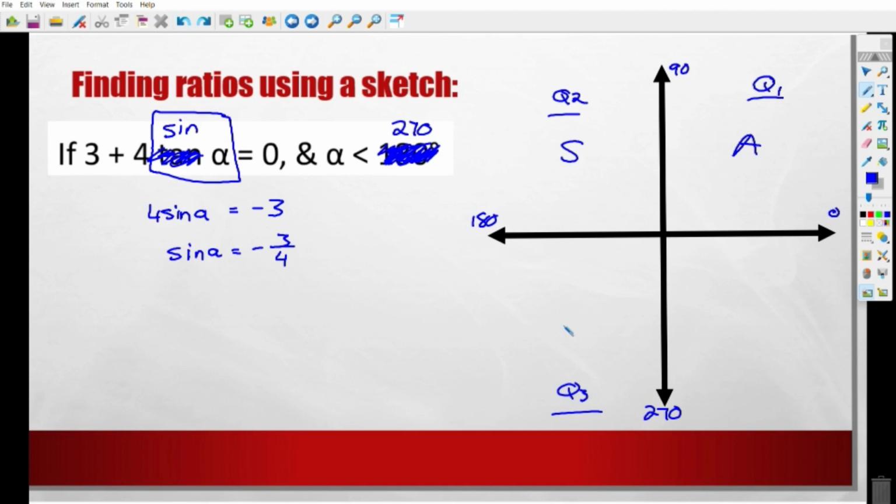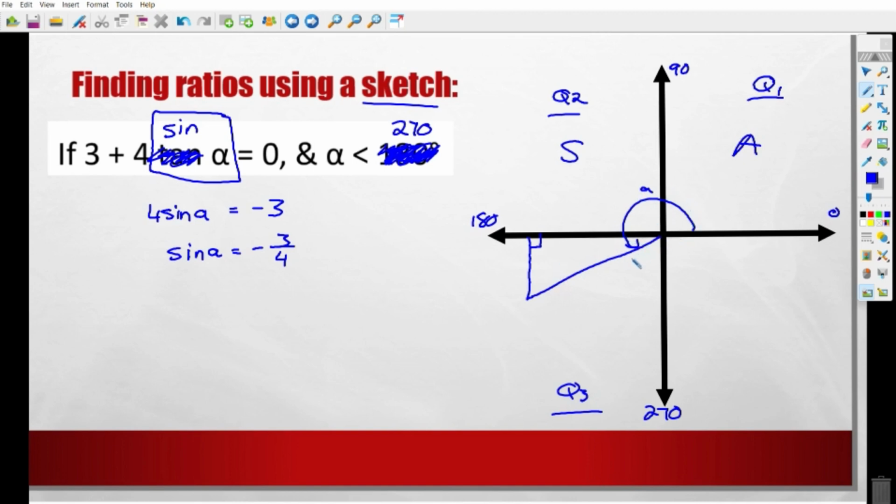This is the quadrant I'm going to draw my sketch. I'm going to draw my triangle, nice 90 degrees. So this is angle A, and I'm not going to change this now.